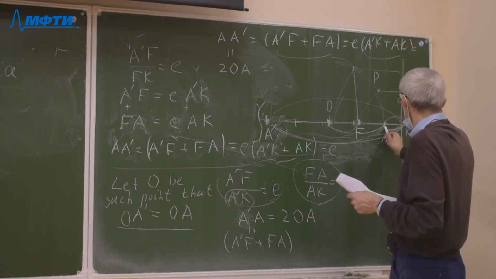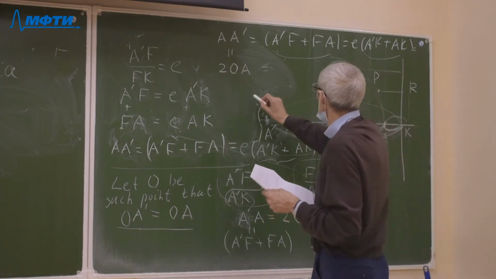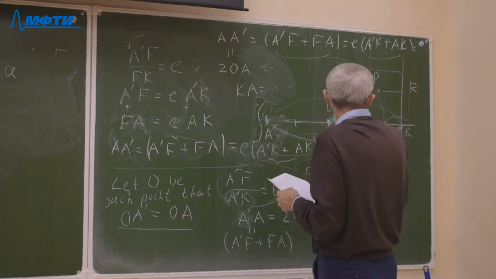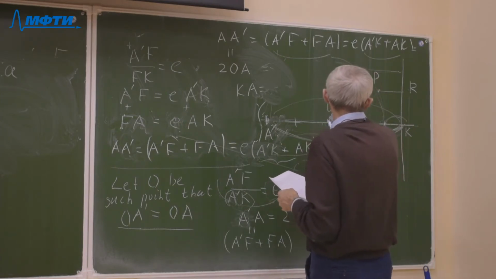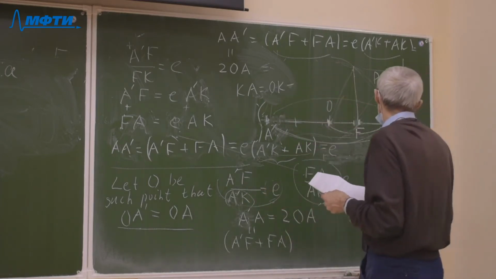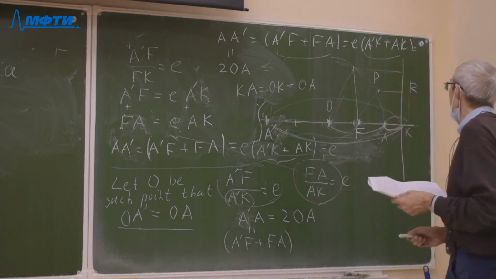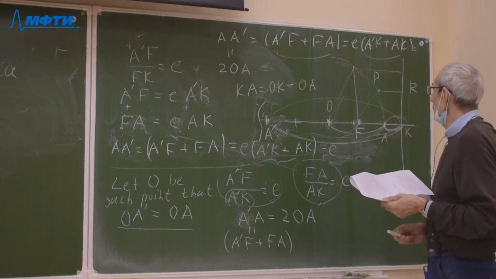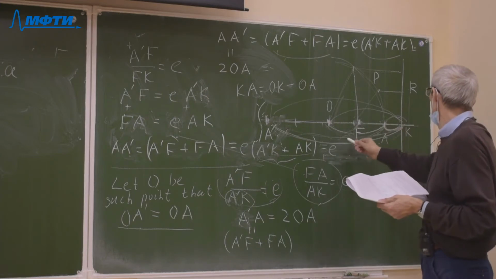KA is equal to the difference OK minus OA, OP minus OA.